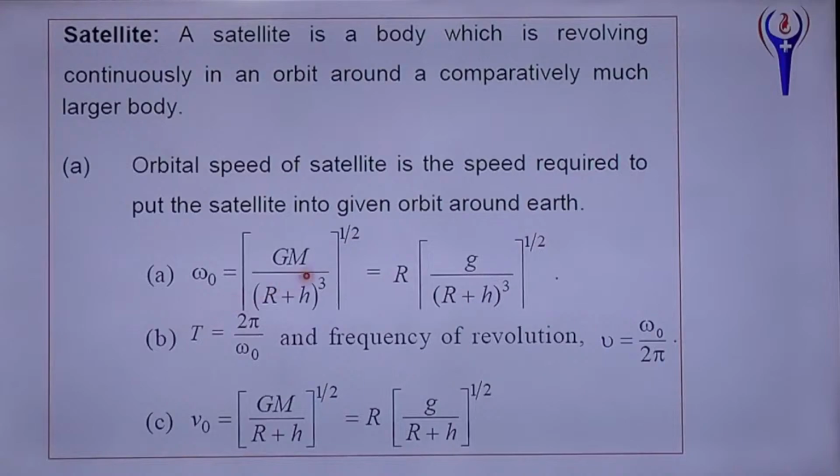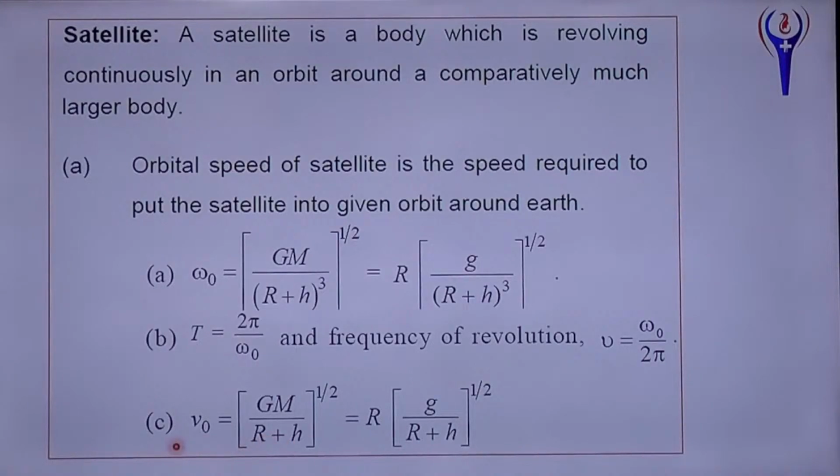Omega naught equal to (GM by (R plus H)) whole power 1 by 2. Or in terms of g, R into (g by (R plus H)) whole power 1 by 2. And its time period T equal to 2 pi by omega, and frequency nu equal to omega naught by 2 pi. And V0, what is V0? V0 is the orbital velocity.